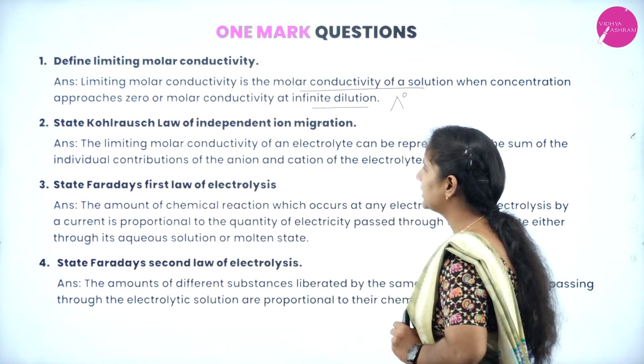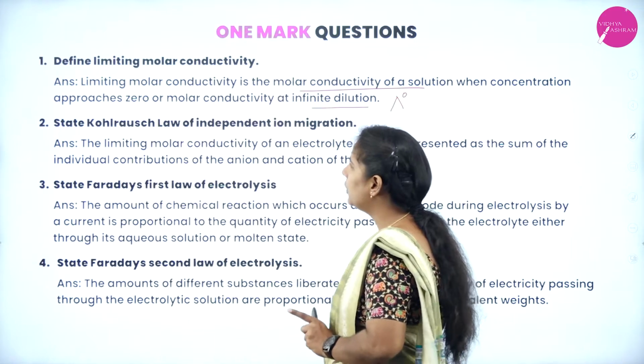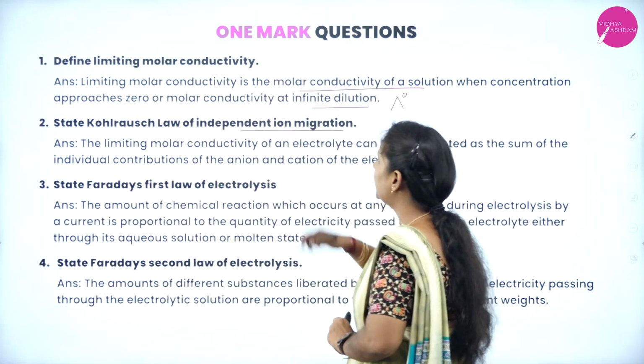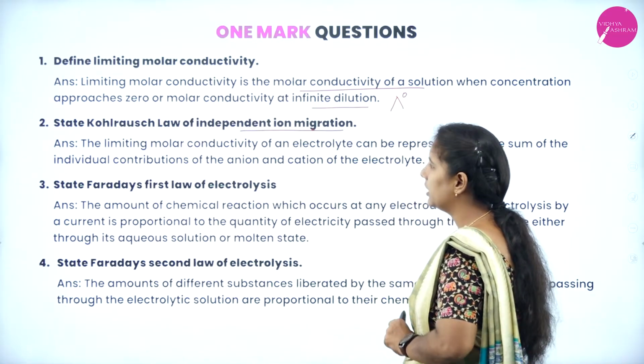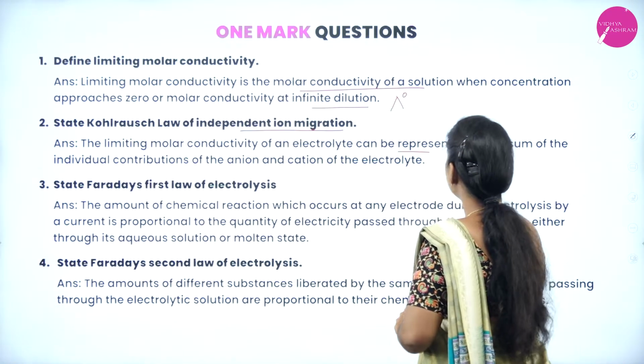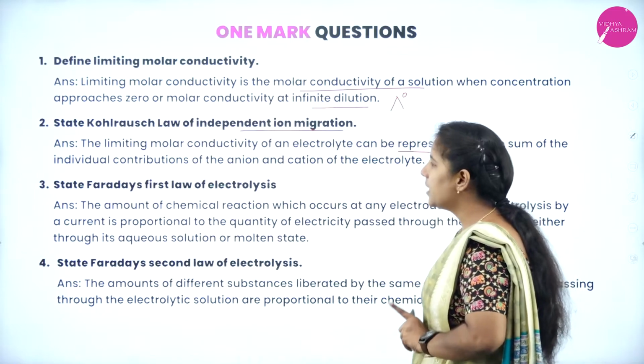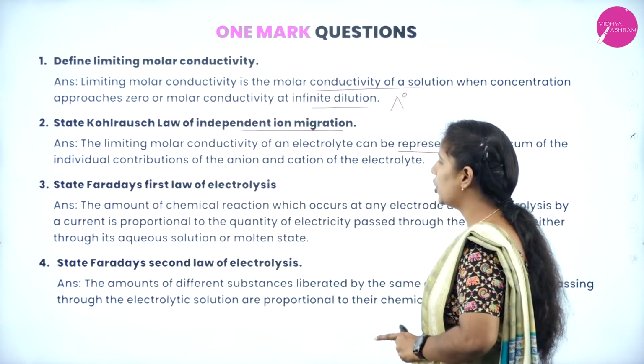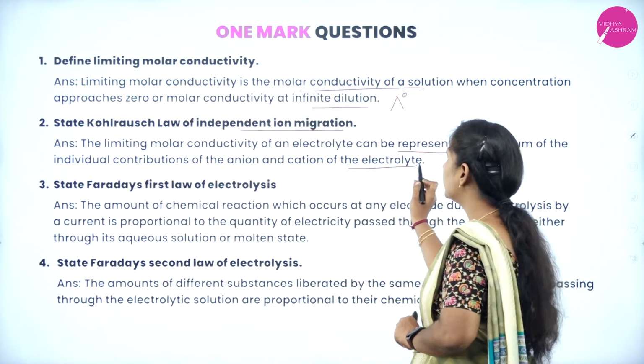Next, state Kohlrausch's law of independent ion migration. The limiting molar conductivity of an electrolyte can be represented as the sum of the individual contributions of the anions and cations of the electrolyte.